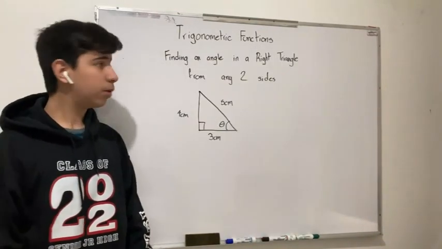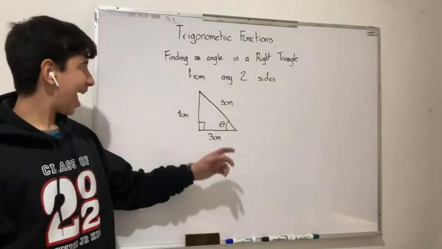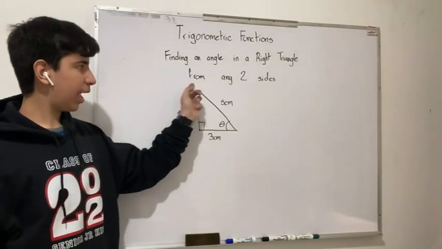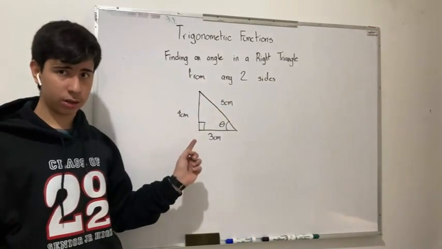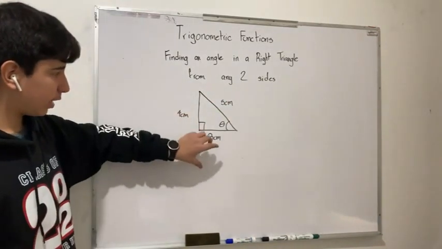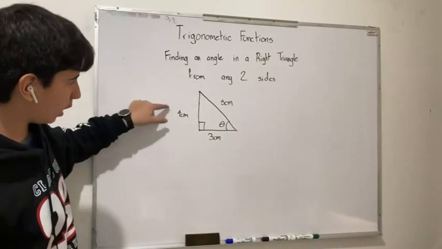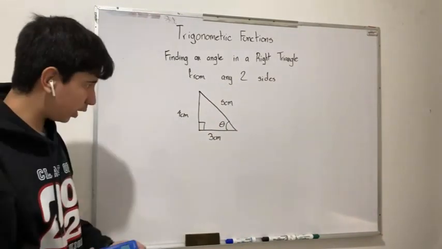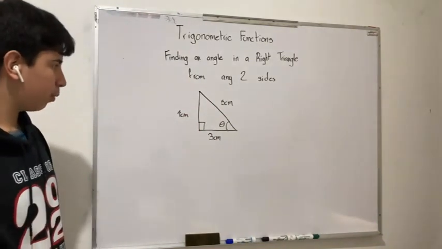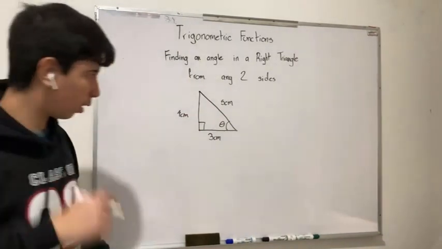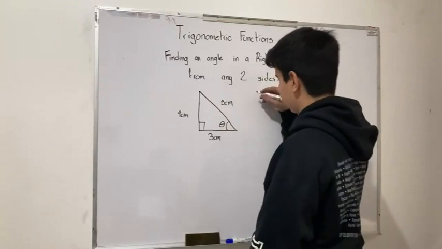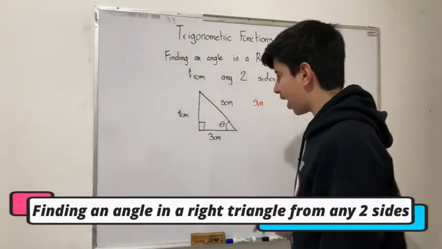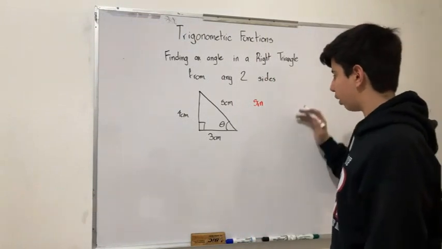Hello. Now we're going to find an angle in a right triangle with any two of its sides. We can find this angle with any of these sides, we only need two. For example, I'm going to use sin, but you can use any trigonometric function that you want.